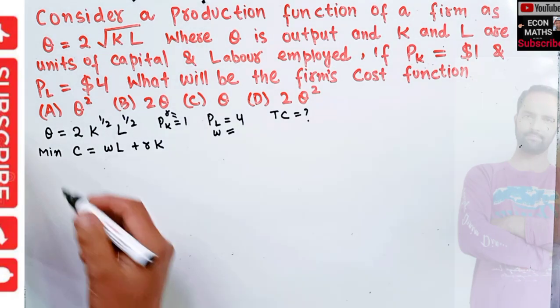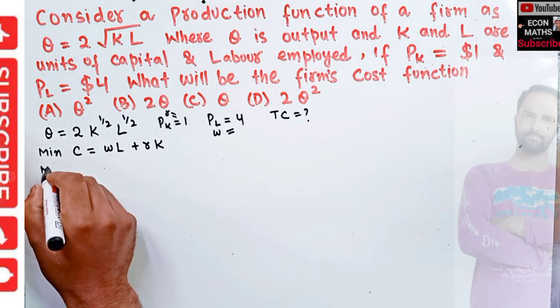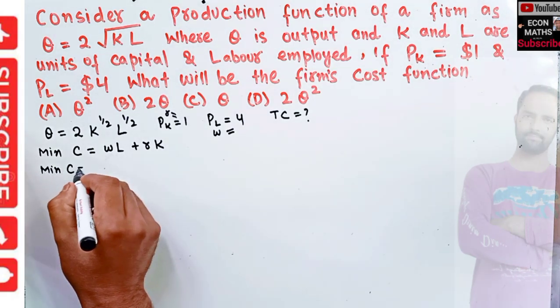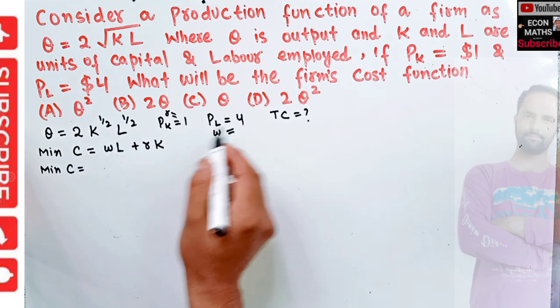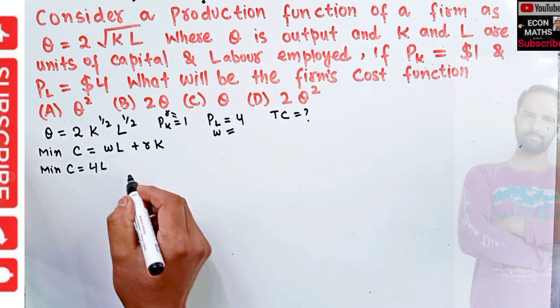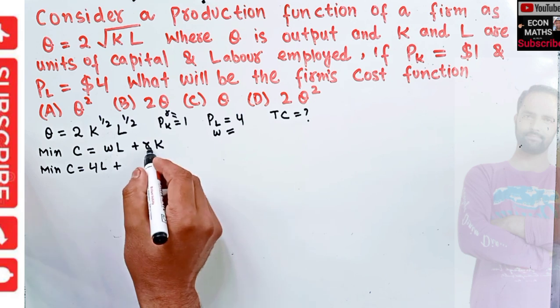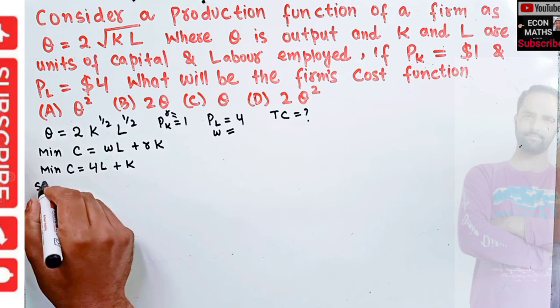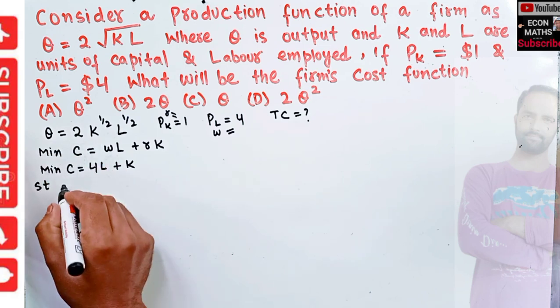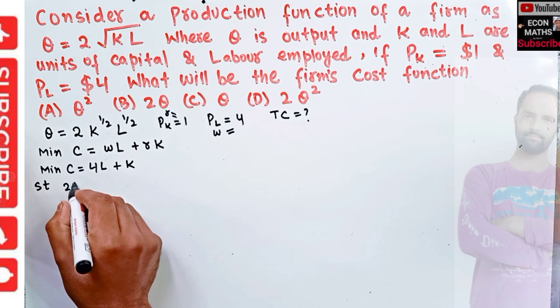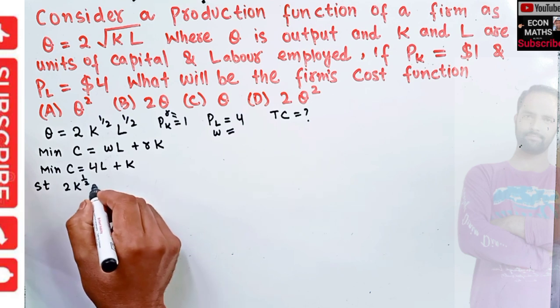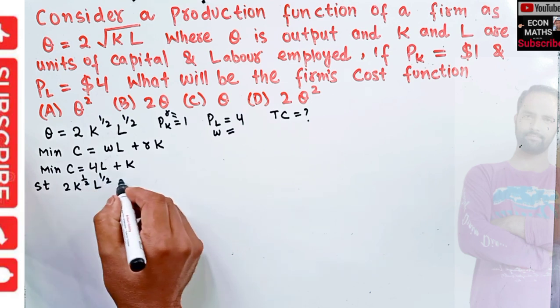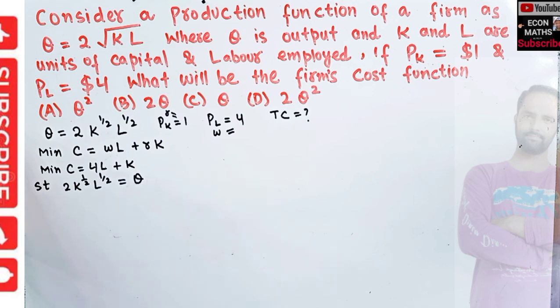So the question is to minimize C equals WL. In place of W we have 4L, plus rental rate of capital is 1, so we write 1K, so it is K, subject to the production isoquant, that is twice K to the power 1 upon 2 L to the power 1 upon 2 should be equal to Q. Then we can find out the cost function.